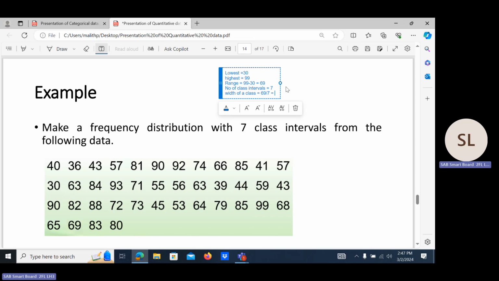Range is 69. Then the number of class intervals is 7. Then 69 divided by 7. Then what is the answer? 9.8 something. No? Okay, then we can take it approximately. Normally we take the whole number. We do not take the decimal values. Then what is the size of the class? 10.